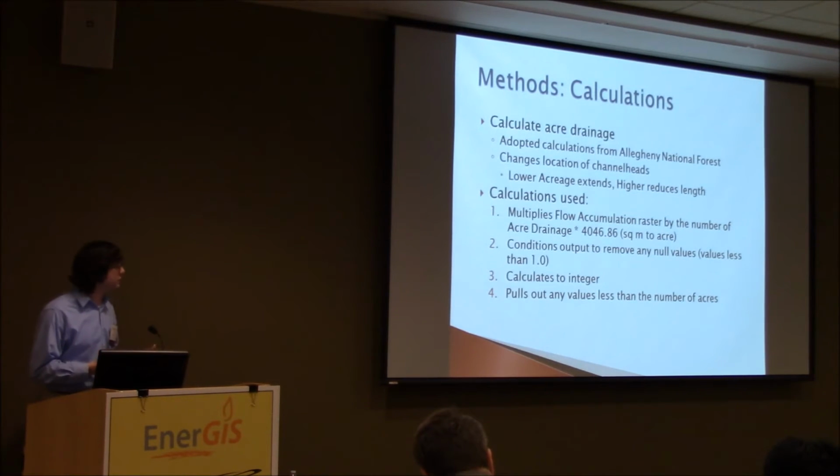So we did a calculation that was borrowed from Allegheny National Forest. We took the 4,046.86, which is just the square meter acre calculation. We removed any null values after the calculations, calculated to an integer, and then removed further values that were less than a number of acres.